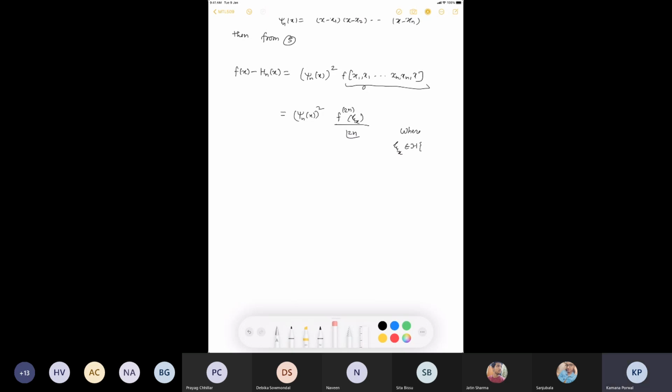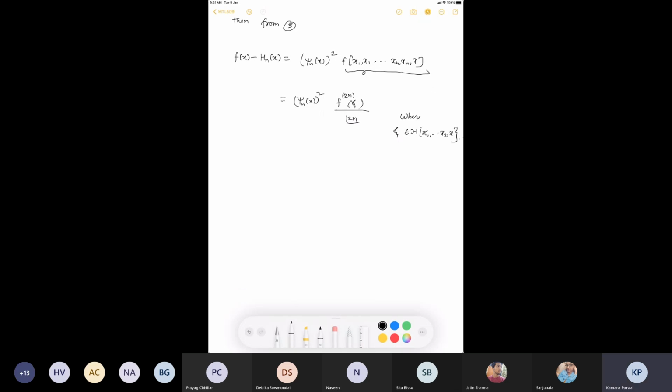I'm writing xi, but it depends on x. Let me simply write xi itself. Okay, so this is what the Hermite interpolation error is.